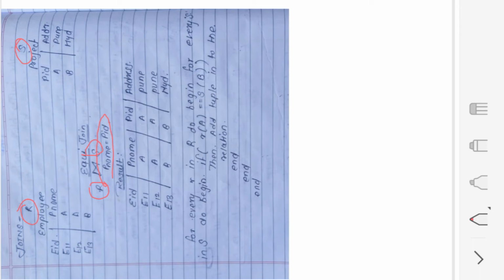You can see here I have A as a common value, and here also I have the common value A. So E11, A, PID is also A, and the address is Pune. Then E12, again A, A, again Pune, and then E13, B, which is common, and the address is Hyderabad.